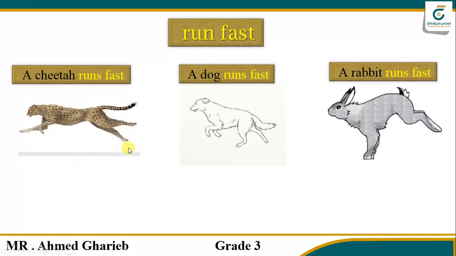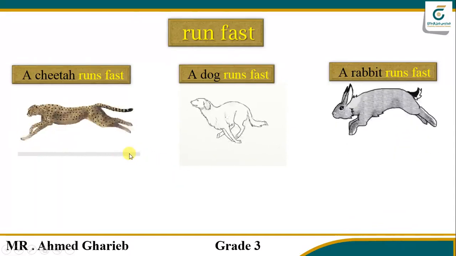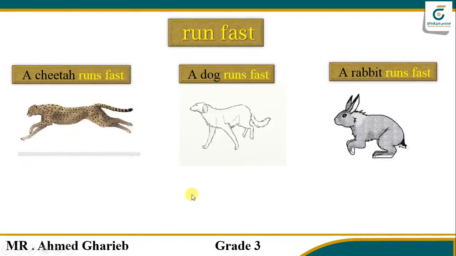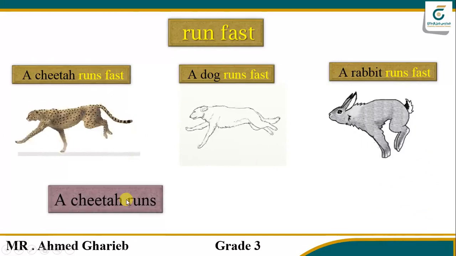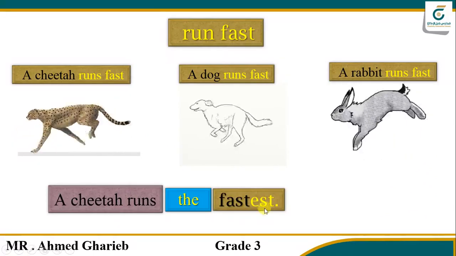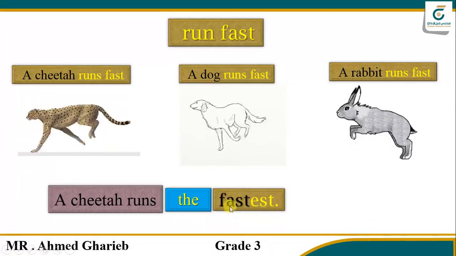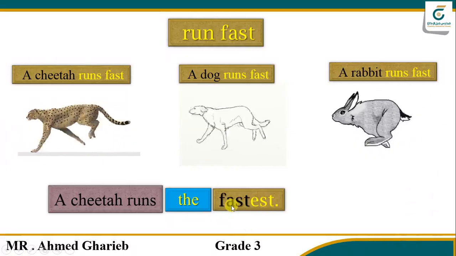Why is the highest? Because it's a comparison between three things, three animals. So of course a cheetah runs the fastest. We added the, then est to the short adverb to form superlative adverb. Okay?